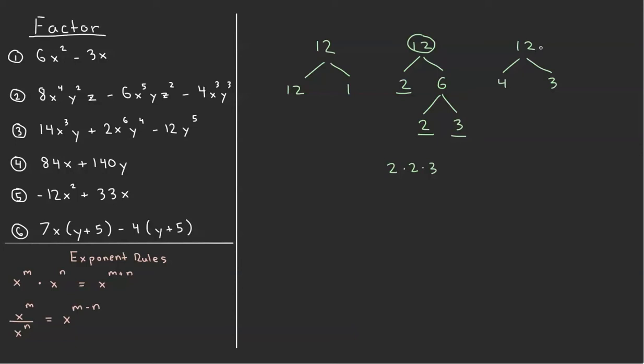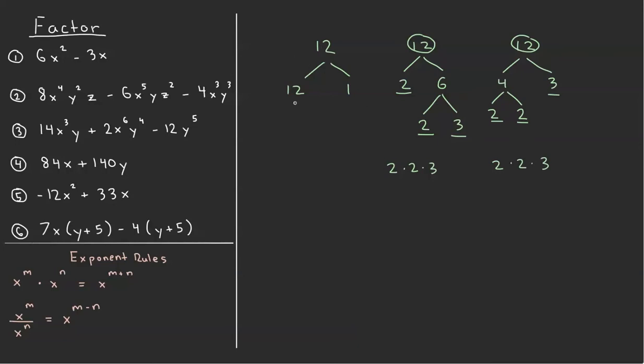Okay, the same case over here with this 12. If I factor this 4 further, I see 4 is 2 times 2. Right? So again, this 12 here could be written as 2 times 2 times 3.